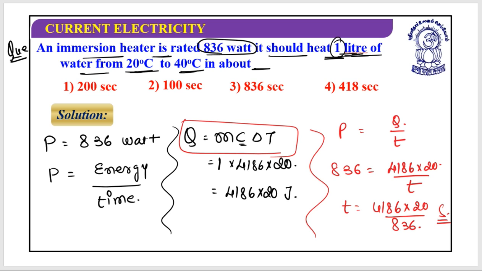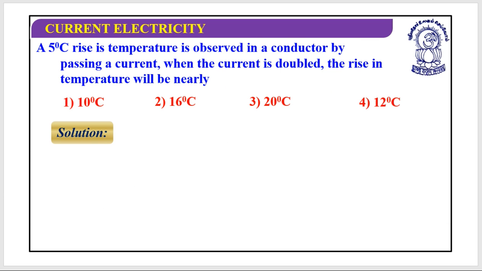Yes, this is a multiple conceptual question. It takes certain concepts from class 11, certain concepts from class 12, and the things seem to be difficult. Let's have one more question. What does it say? A 5 degree Celsius rise in temperature is observed in a conductor by passing a current. When the current is doubled, the rise in temperature will be nearly... okay, how could I do this?